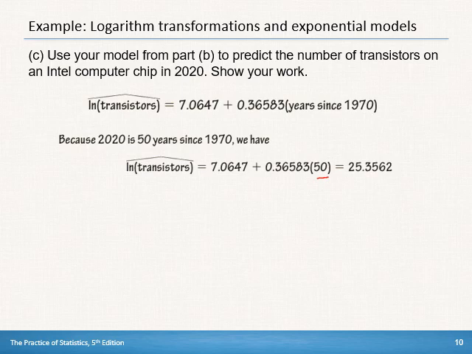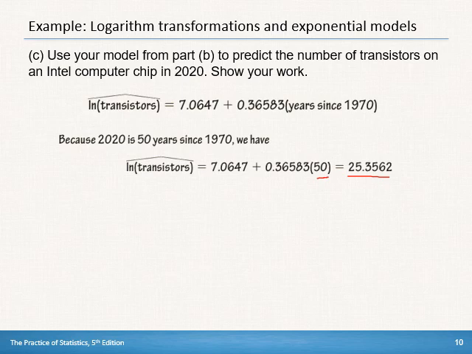It's going to be obvious that that's not the final answer because that's 25. We've had a number of transistors on a chip much bigger than 25, but that's equal to the natural log of the number of transistors.